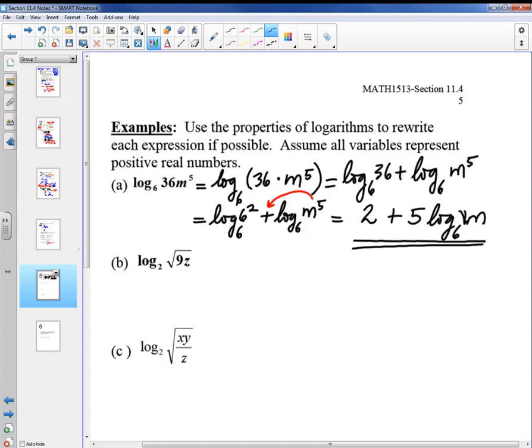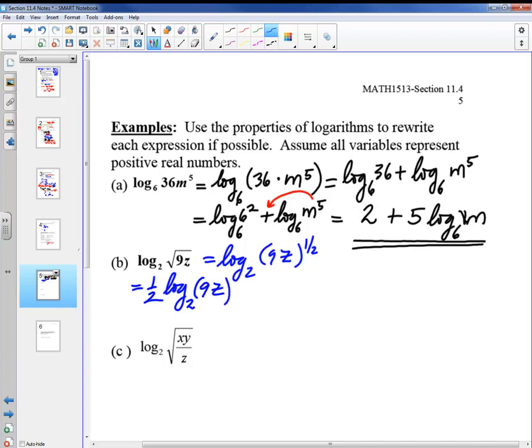Now, here's another example, and this one has a square root, so we know we have to turn square roots into powers. So that will be log base 2 of 9z raised to the 1/2. You can do the power rule now, but if you do that, make sure you realize that everything you do after that will be affected by that 1/2.